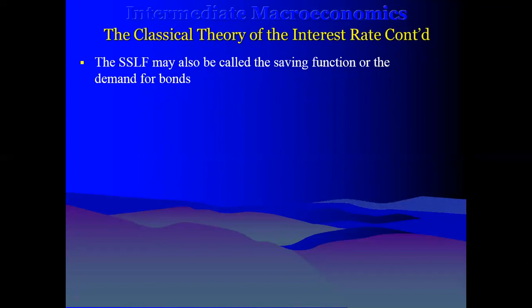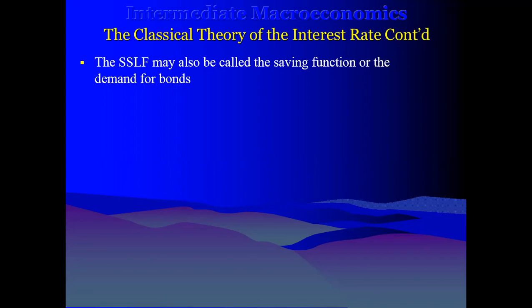Okay. So here, SLF stands for the supply of loanable funds, and this is the same as the savings function. You giving out your funds means that you are saving. Let's not even talk about the bonds. When you want to supply loanable funds, it means that you are saving. So whenever you see the savings function, just know that we are talking about the supply function for loanable funds.